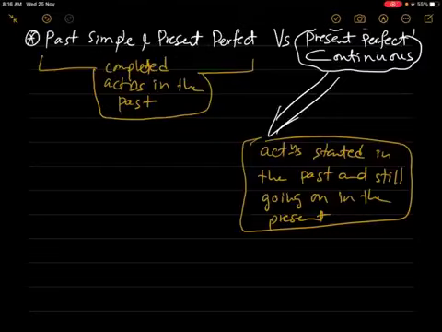Just to mention here a small note, that I said actions started in the past and still going on in the present, with no reference or indication to whether the verb or this action will continue in the future or not, just in the present, just till the time being.